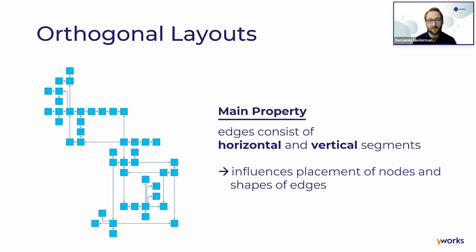So if we decide, for example, that an edge should not have any bends, then we can only place the nodes either on a horizontal line together or on a vertical line, like here. Or if we allow bends, like here, then we can place the nodes a bit differently, but in that case we of course need to reroute the edges.